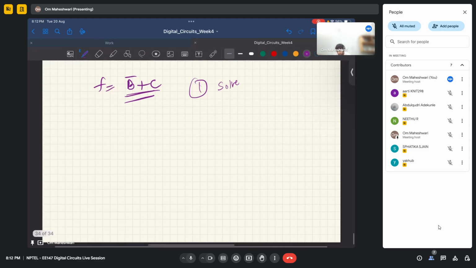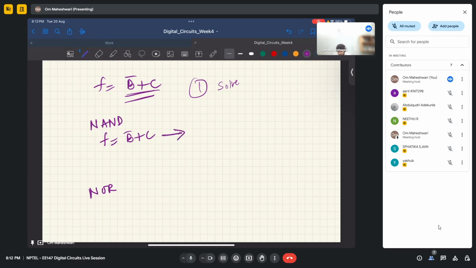When you see a NAND expression, let us go from behind. Let's take first NAND and then we'll take NOR. The function is B bar plus C. So you convert it somehow that you get some NAND formulation.